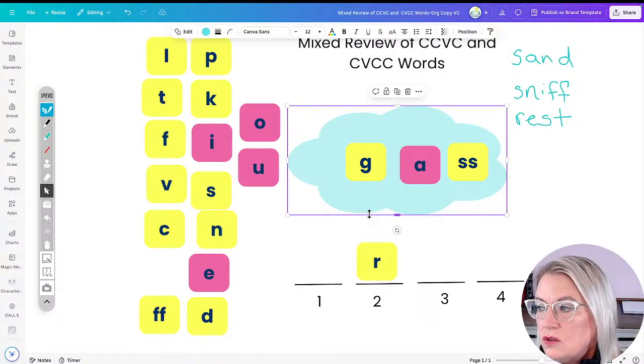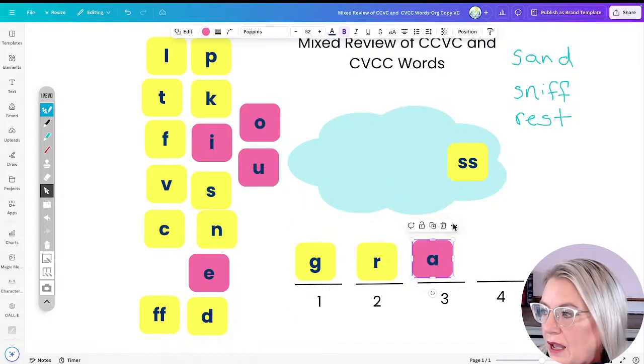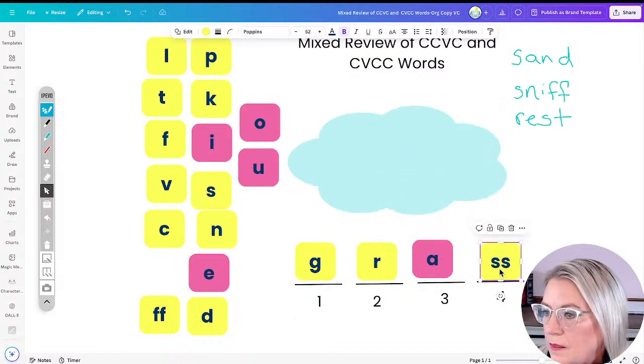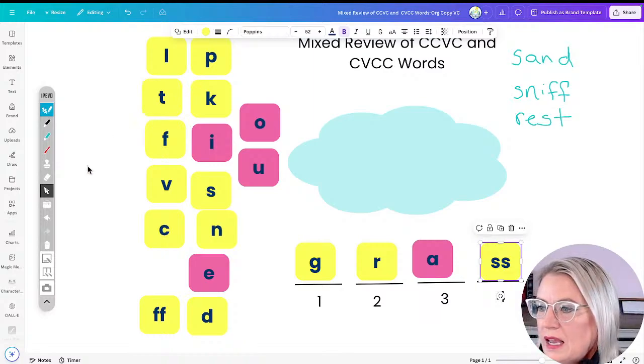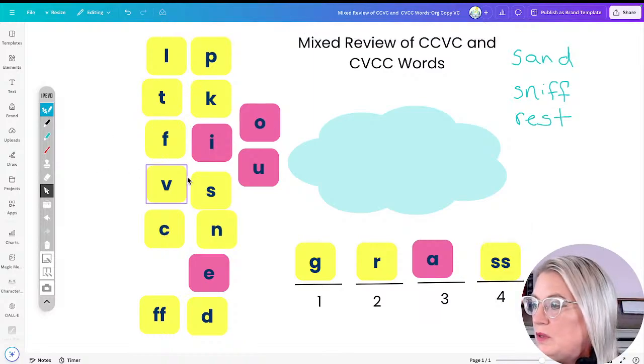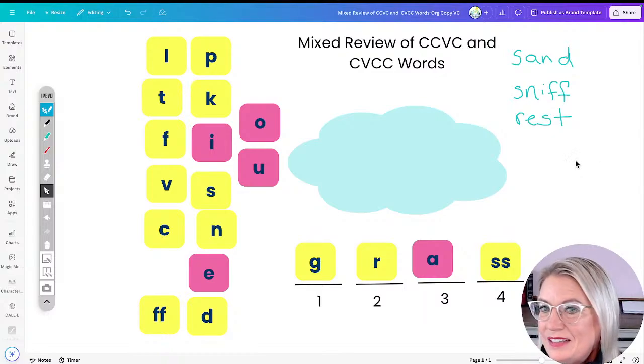So we need to make sure that they know that each one of these gets their own sound. G, r, a, s. And then once you know that, then you can blend them in whatever order they come in. And then we would go through when we would spell this word, saying each sound as we write the letters. All right, I think that's plenty for today.